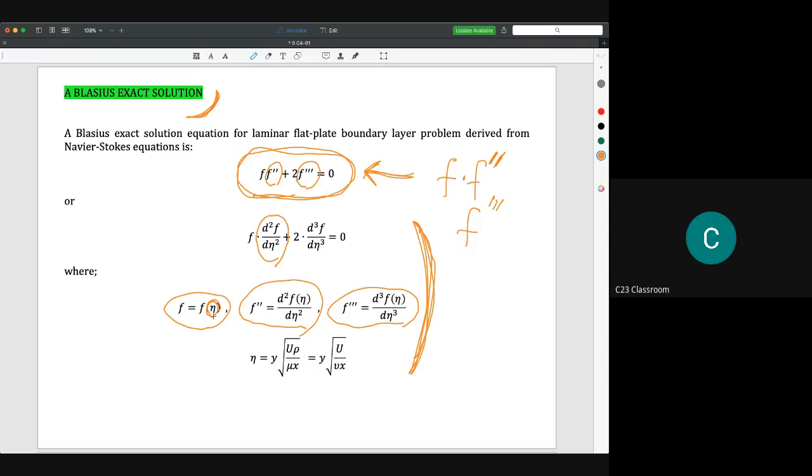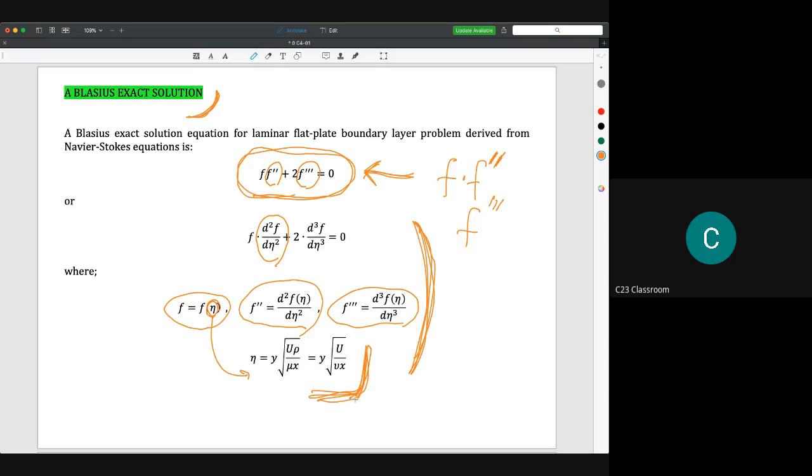It is written as eta equal y times the square root of U rho over mu x, or y times the square root of U over nu x. So eta here is the velocity distribution. The group of terms here is quite complex because, as I said, it comes from the Navier-Stokes equation. In the Navier-Stokes equation, we have terms of density, of mu, and so on and so forth.